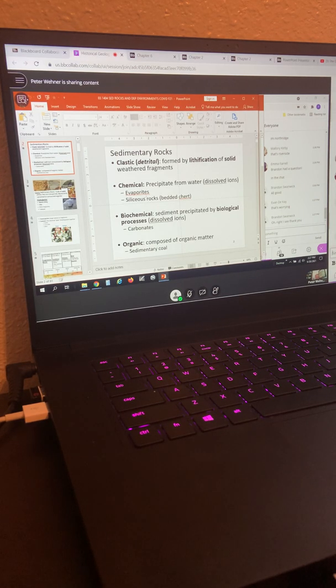Precipitate by evaporation, or at least non-biological ways, or precipitating of ions by biological ways. So again, the clastics, that's your conglomerates, your sandstones, your siltstones, and your shales. Chemicals, I actually have them listed here for the most part. Biochemicals, your carbonates, and organics, your coal.